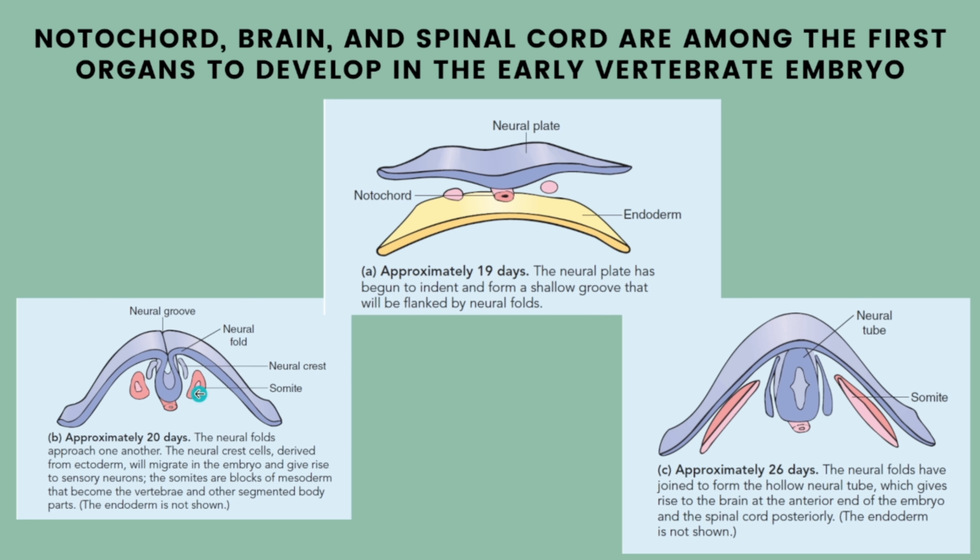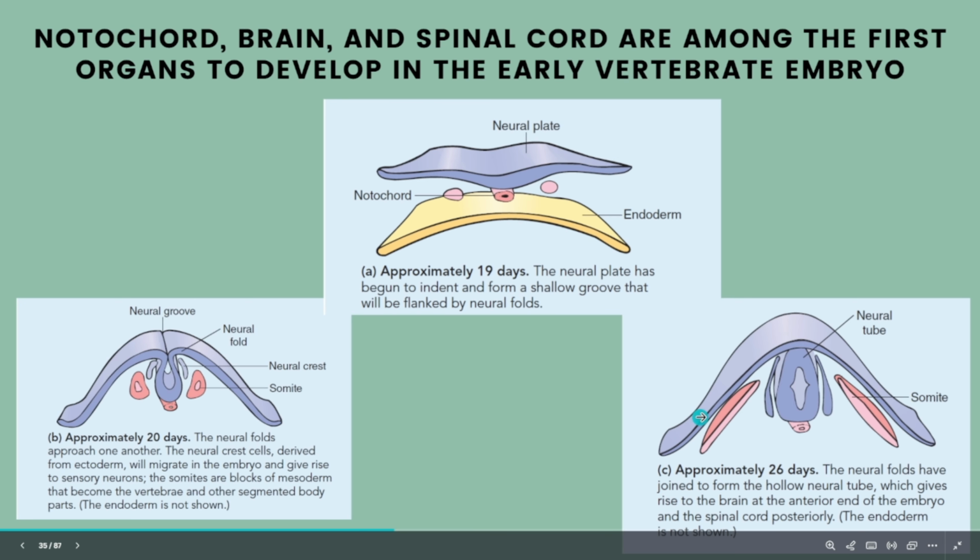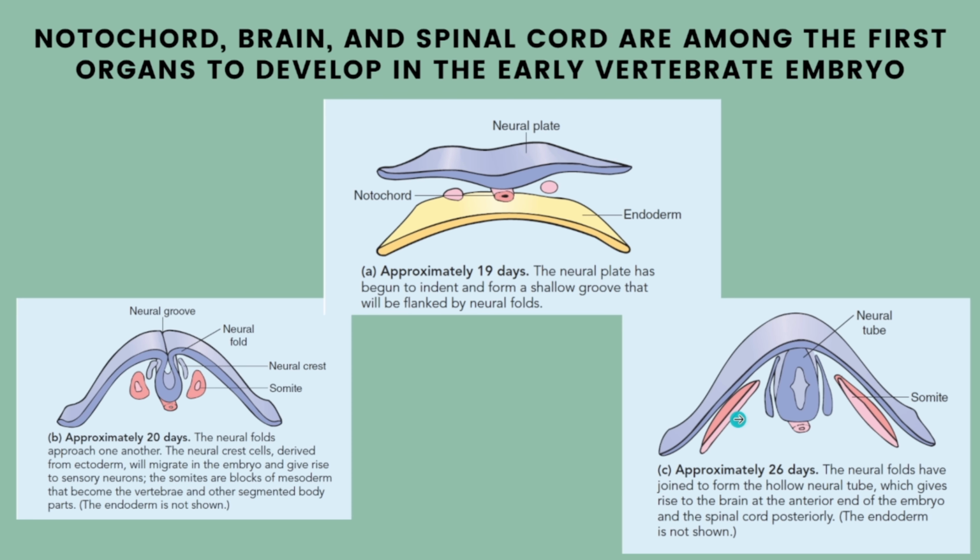The most important thing is that somites develop into the skeletal system and also the muscular system. After that, they also form the kidney, reproductive structures, and circulatory organs. So you can imagine that the somite is formed from the mesoderm. Different parts of the somite play important roles in the development of different organs.